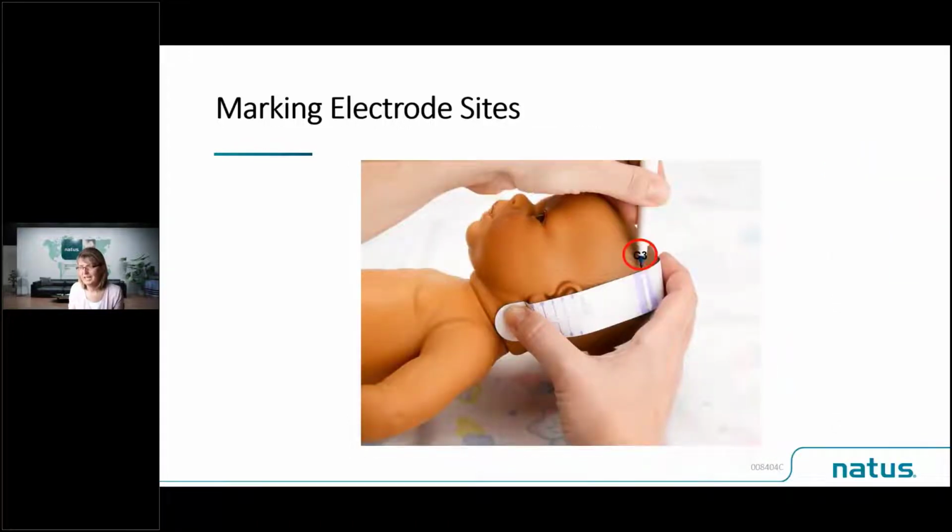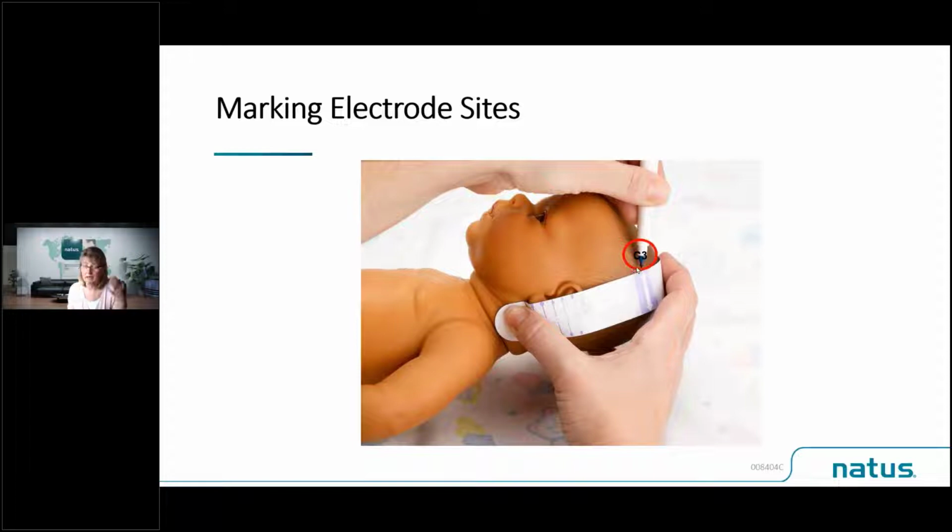Okay. Then, once we've got it in position, we're going to take a surgical marker and we're going to mark the front and the back of this arrow. Okay, because this is where our electrodes are going to sit. So if you're using the 5 electrode configuration, bilateral configuration, use your surgical marker and mark at the front and back of the arrow.